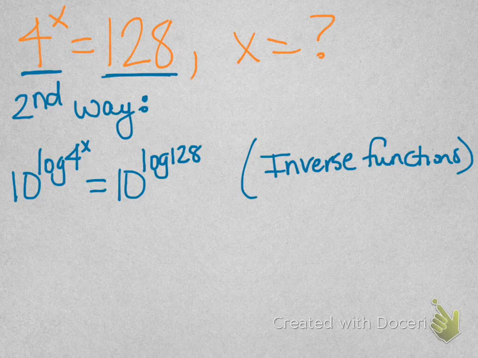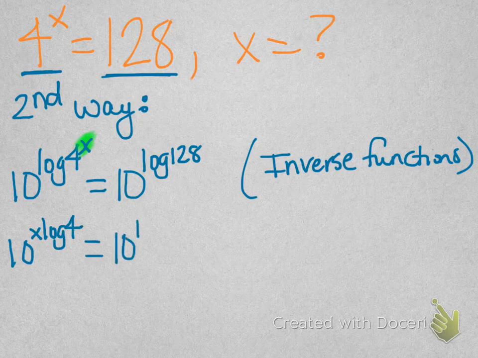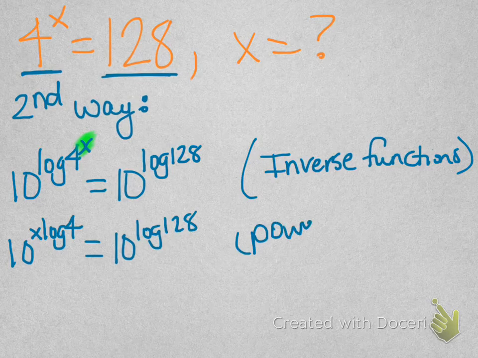From here, I can take this exponent here, which is an x, and put that in front of my log. So I would have 10 to the x times log 4 equals 10 to the log 128. And that's just using the power of a power rule.